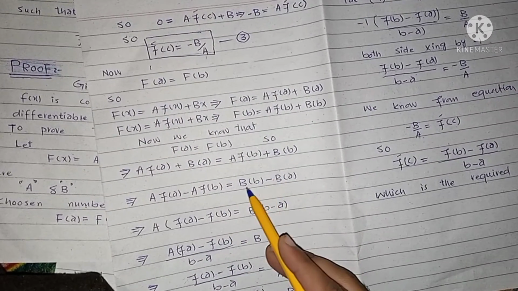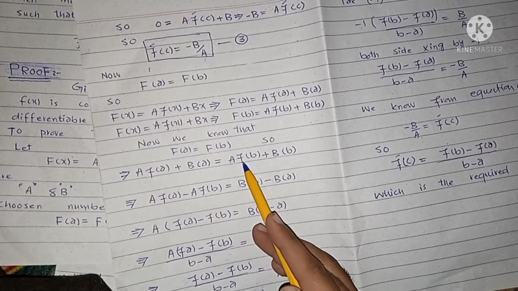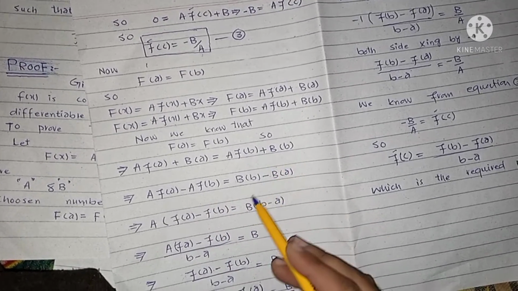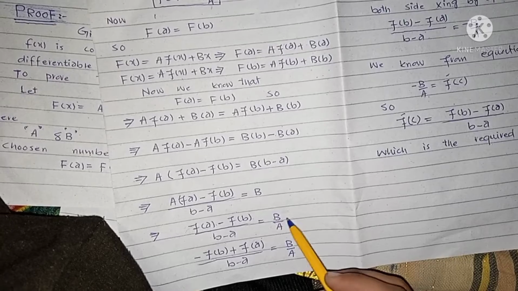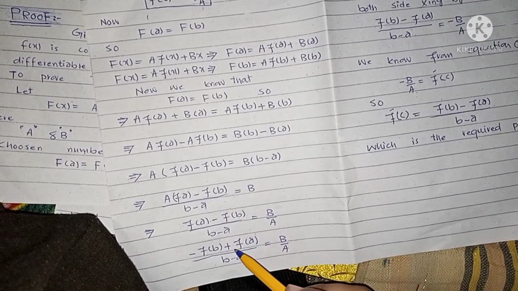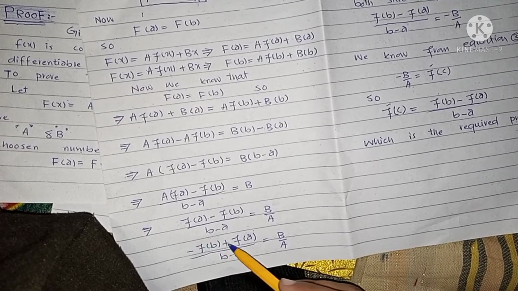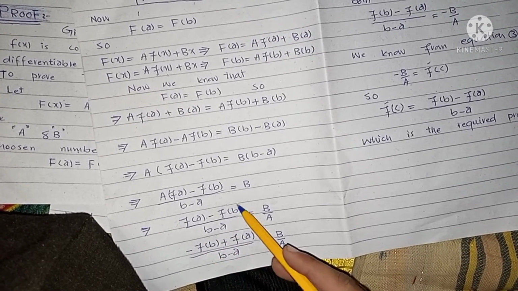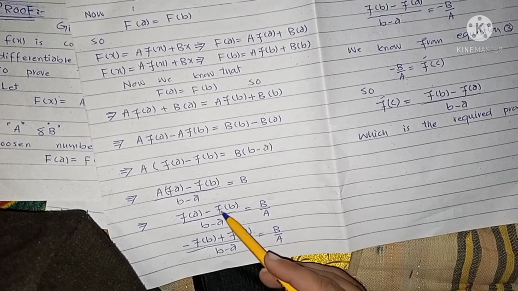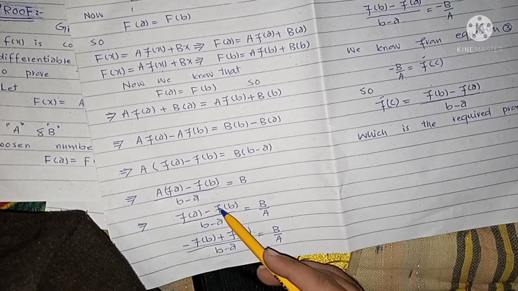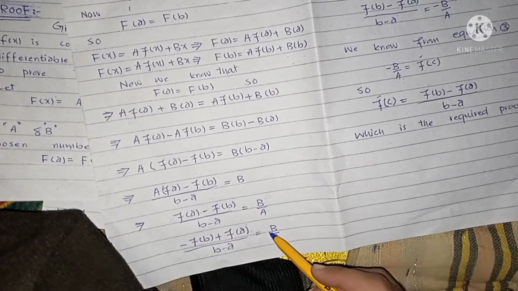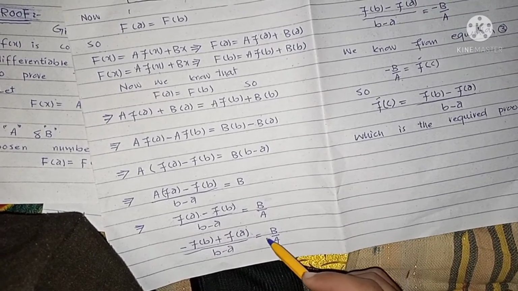So from here, as I shift this to this side and shift b to this side, finally I got b divided by a. Then, sorry, I shift f of b to this side and f of a to this side. Easily, minus f of b plus f of a divided by b minus a equals b divided by a.